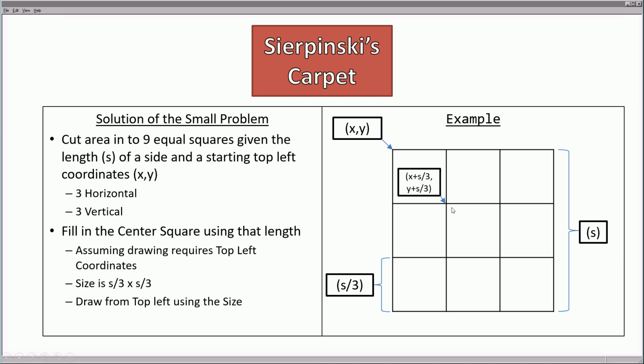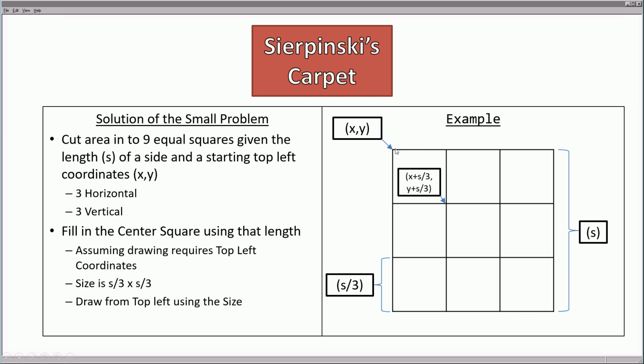In order to get this coordinate right here, all we do is take the starting coordinate x and then add a third of the width. So x plus this side divided by 3 gives us this position here. Now similarly, what we do with the y-coordinate is the exact same thing.